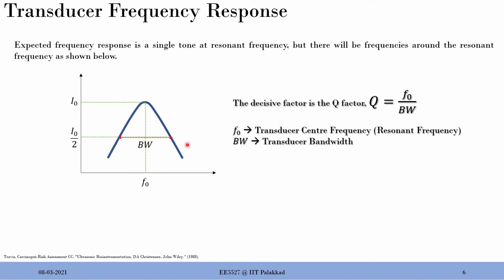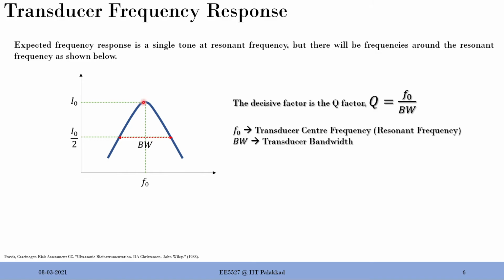Instead, you get a band around this single frequency. This is very important, and we call this distance, the difference in frequency when the amplitude drops to half, the full width half maximum, or in signal processing terms, the bandwidth of the waveform.